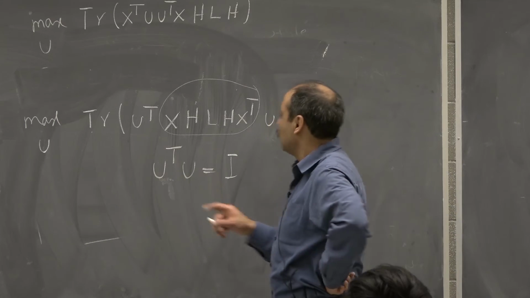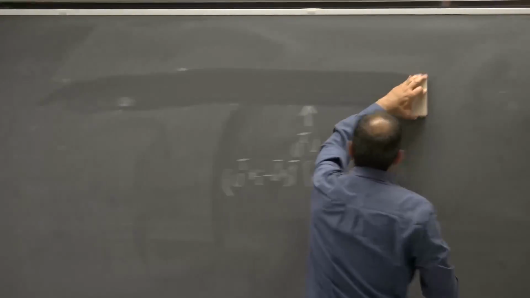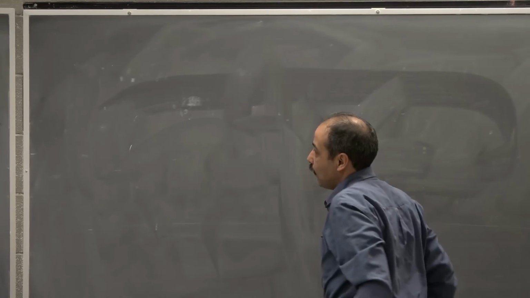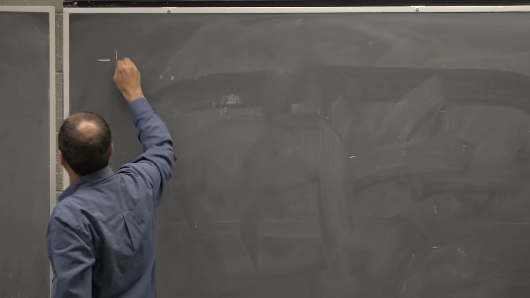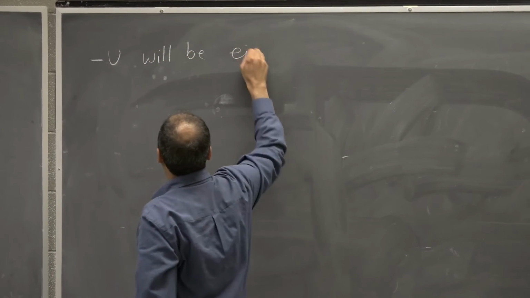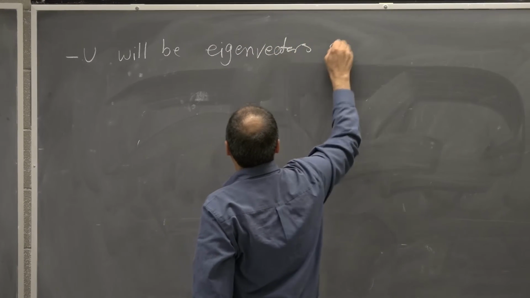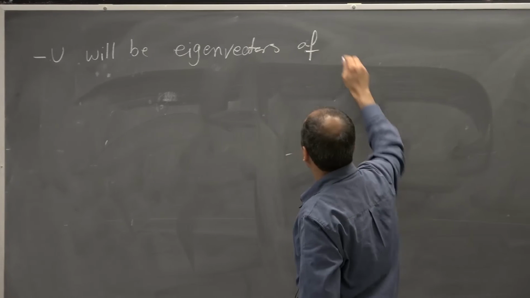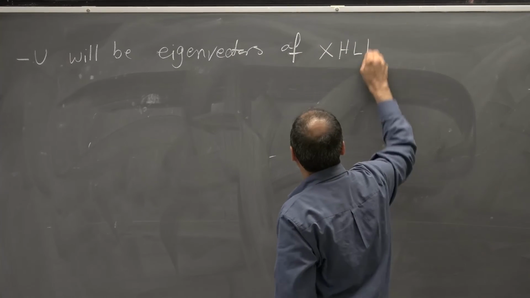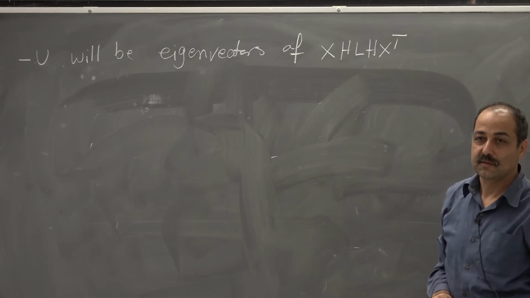Okay, so U will be the eigenvectors of X, H, L, H, X transpose.